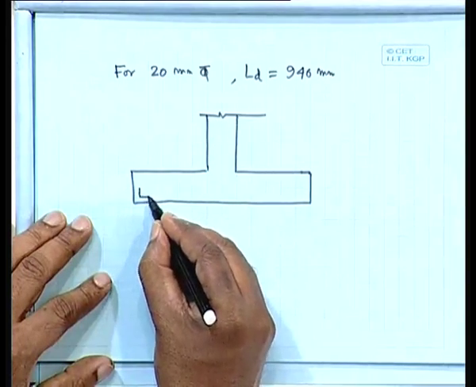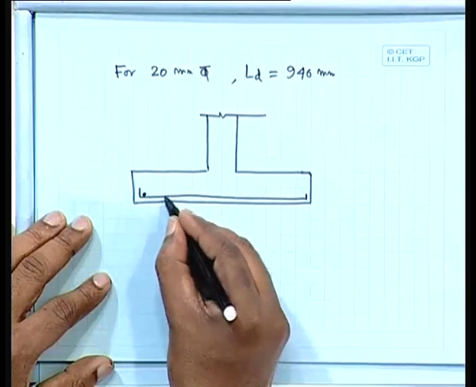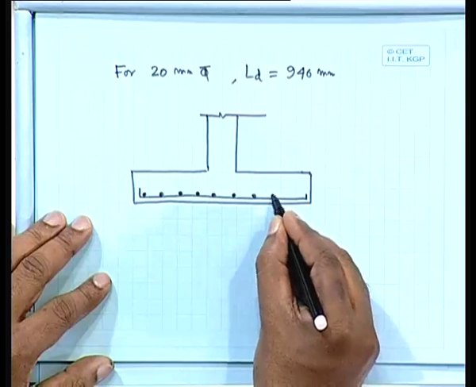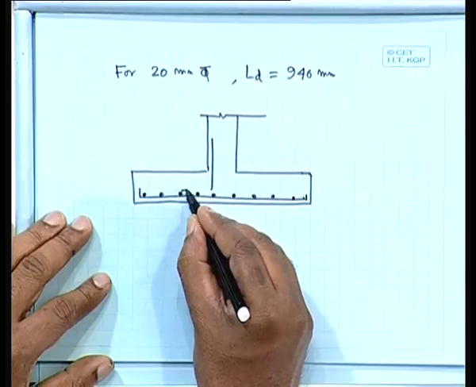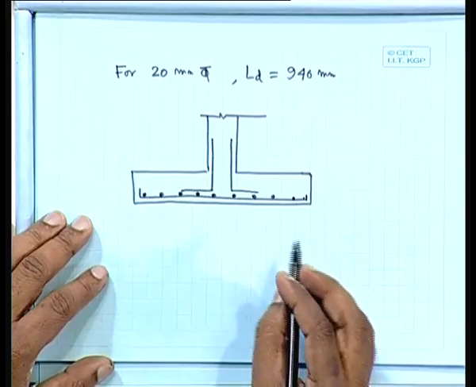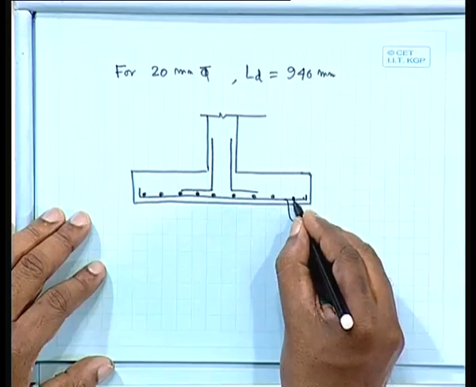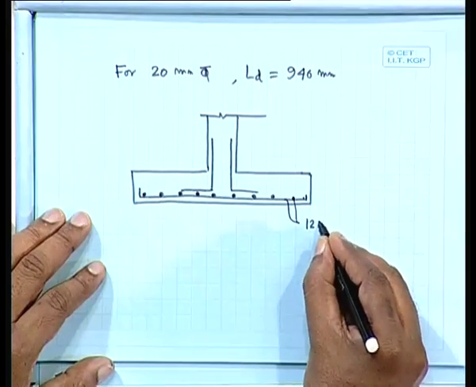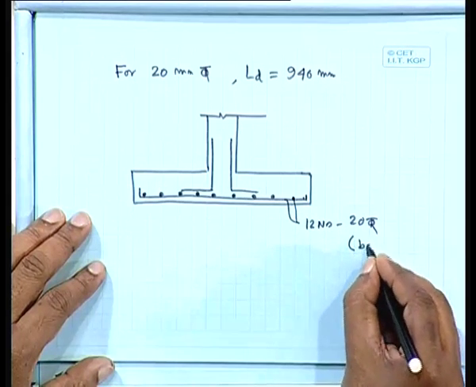There should be main reinforcement, and that should be in both ways. We have used 12 numbers, so 12 numbers 20 torr both ways.